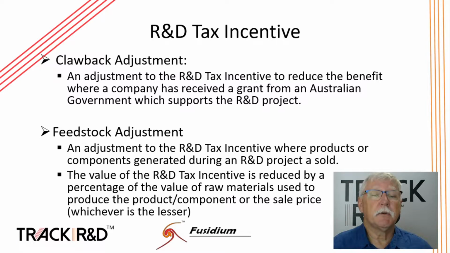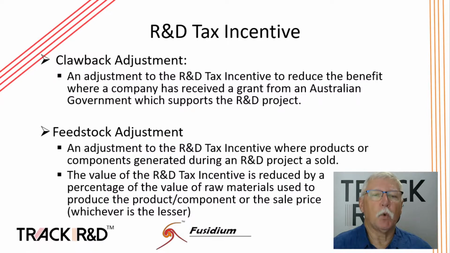I mentioned in a previous presentation two terms, clawback adjustment and feedstock adjustment. With respect to clawback adjustments, this is where the level of incentive is reduced where the company has received a grant from an Australian government to support the R&D project.